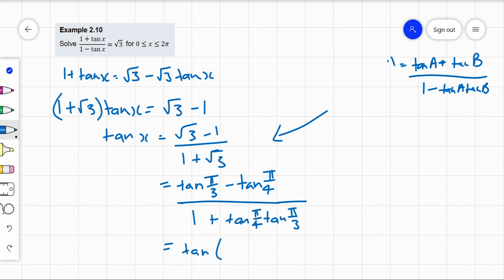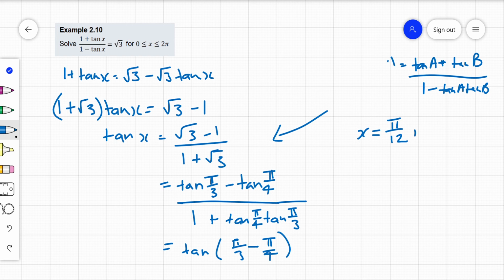So this time you've got the minus happening. You've got pi on 3 minus pi on 4. So our x in this case is pi on 12, right? Yeah. So pi on 3 minus pi on 4 is pi on 12. But of course we've got to go around to the all stations two quadrant.